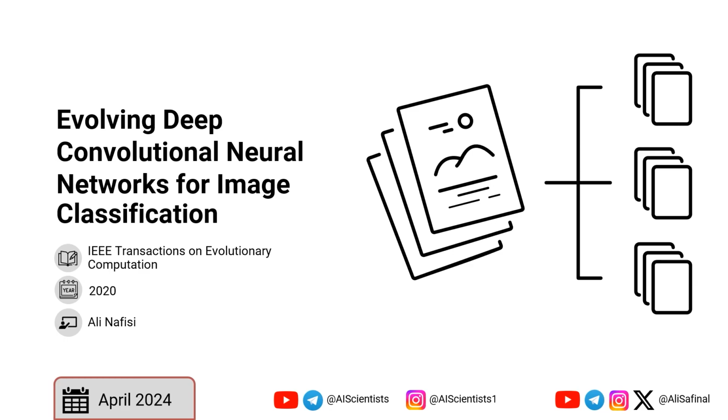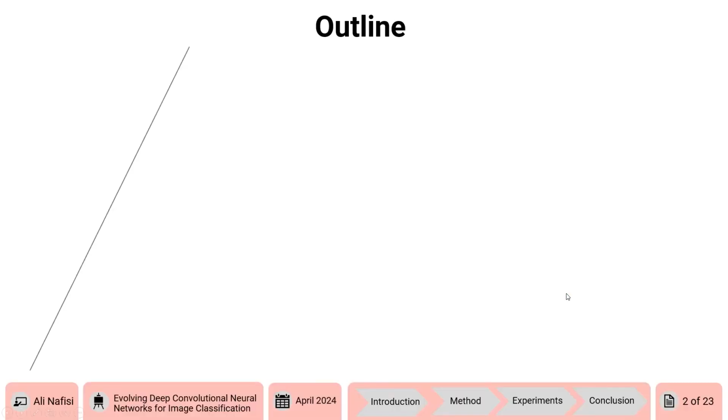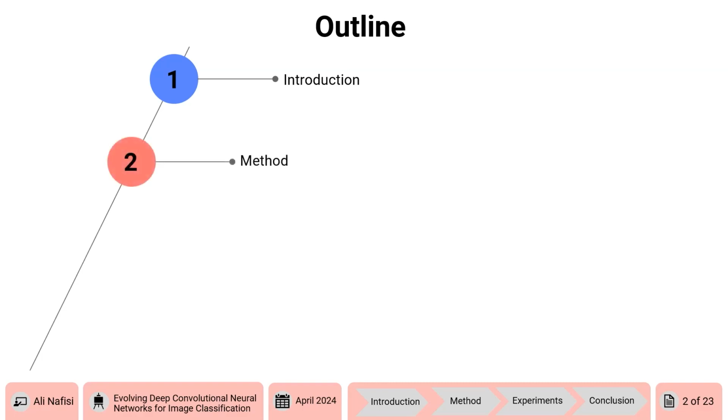And let's start the presentation. So here's the outline. We're going to start with an introduction, defining the problem. After that, we're going to dive into the method and see how the authors of this paper solved the problem.